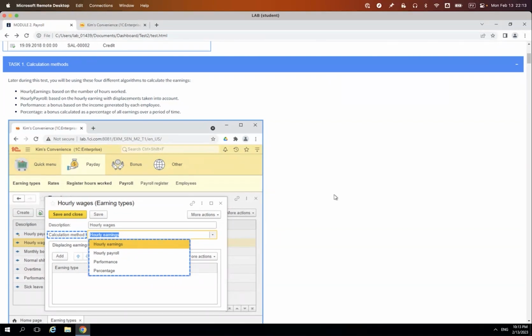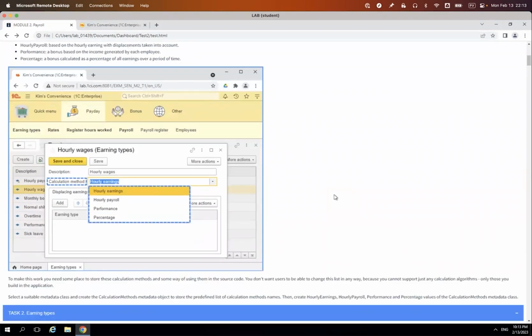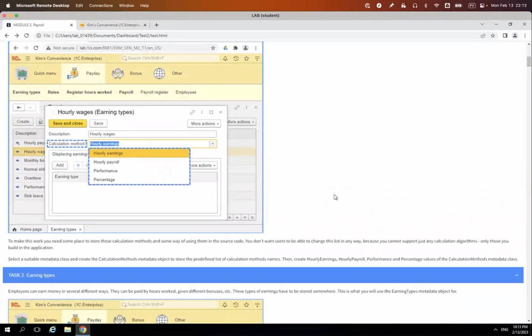So this is not our task. In our example, all calculation methods are fixed, so users cannot change this list in any way. And as a result, we can be sure that calculation methods exist, and we can check which calculation method is used for each calculation. This is how our code understands what operation, what calculation it needs to do.